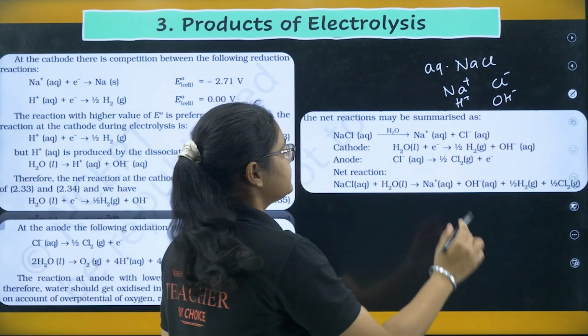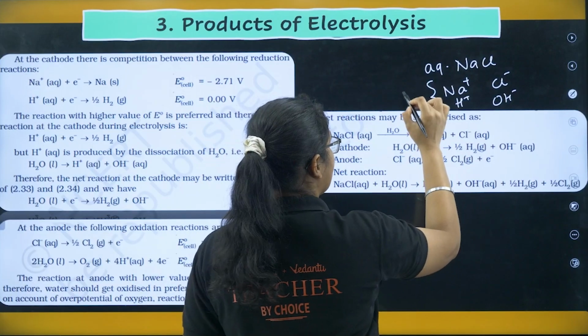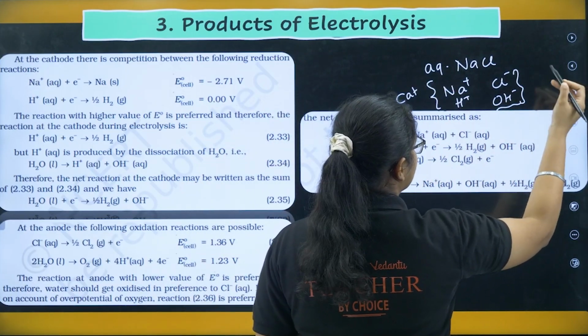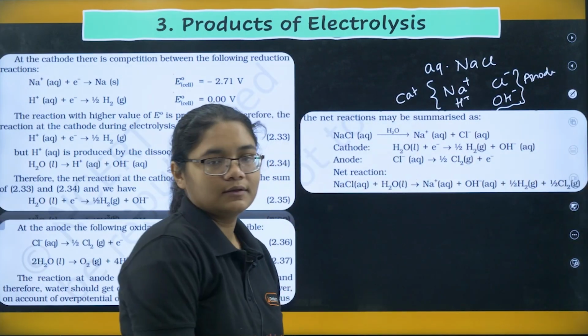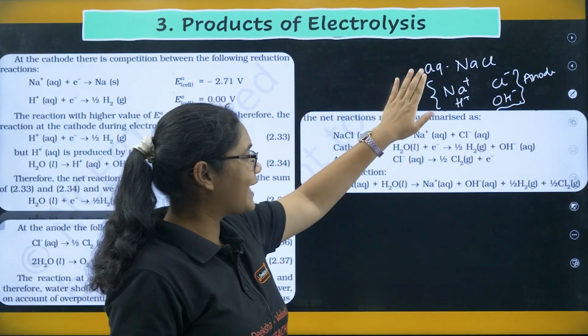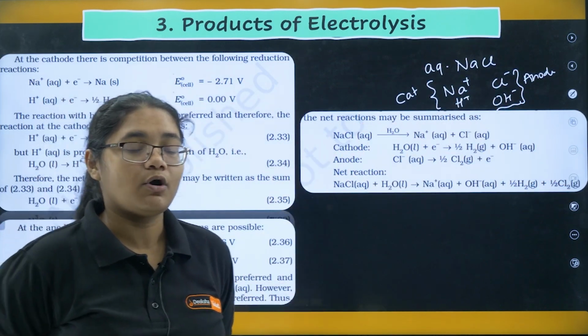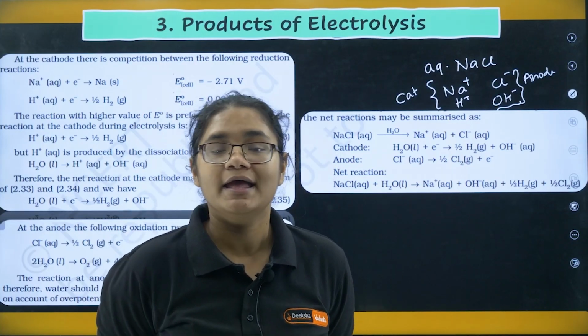So these two are positively charged and they will move towards the negative electrode, that is cathode, and these two are negatively charged and will move towards the positive electrode, that is anode. Now, who will win? Or will both the reactions not take place? Any one of them will undergo reduction and oxidation.